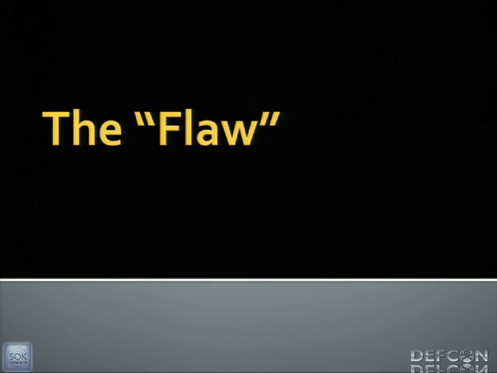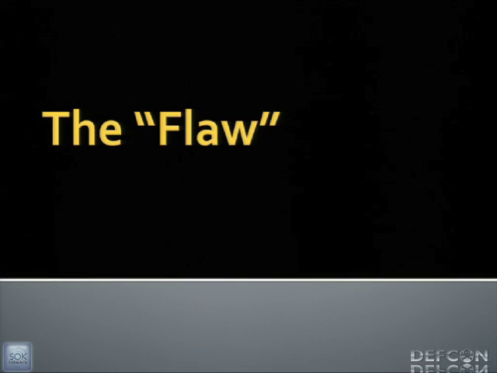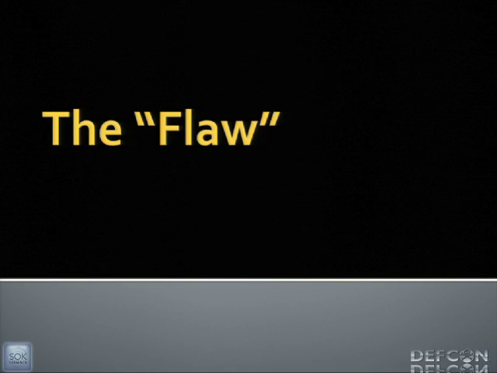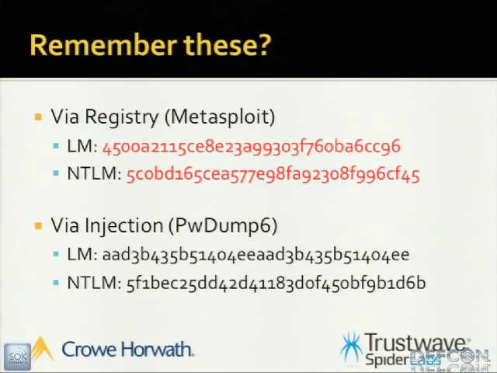Hi. So the flaw is really what Ryan experienced when he was doing his penetration testing. He pulled hashes via one tool and got one hash, pulled them via a different tool and got a different set of hashes. So let's take a look at that again. If you remember this from earlier in Ryan's slides, we want to figure out why we're getting bad LM and NTLM hashes with Metasploit in this particular example.